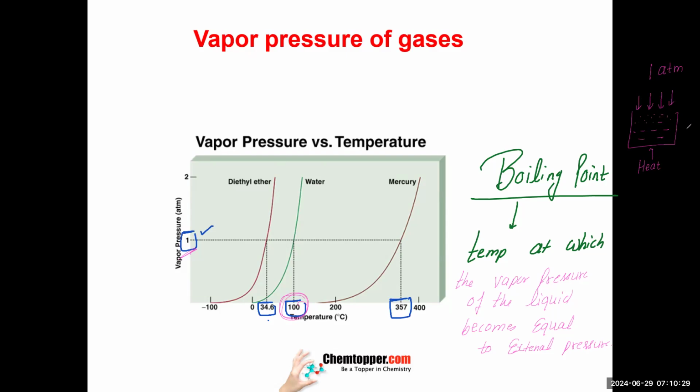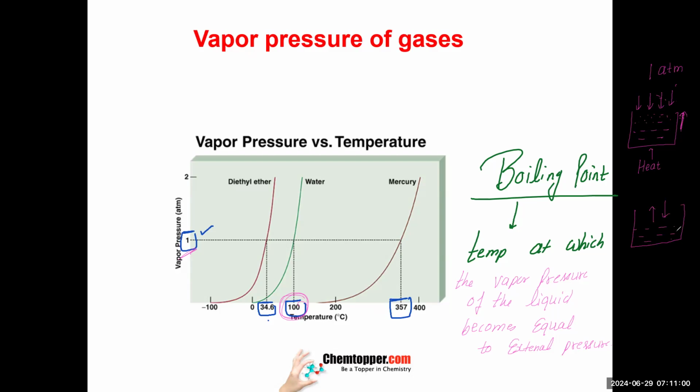You'll reach a point when this external pressure and the internal pressure, these water vapors, are equal. When these two pressures are equal, then there is no force on the liquid. So what is the force acting on the liquid?